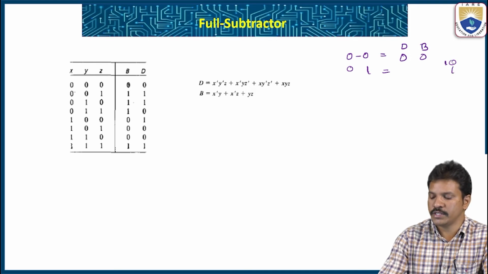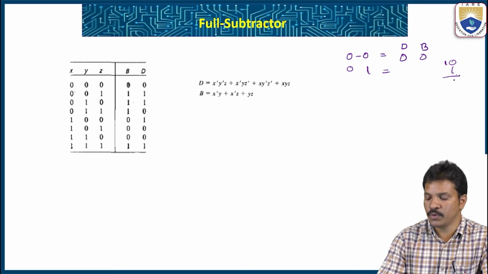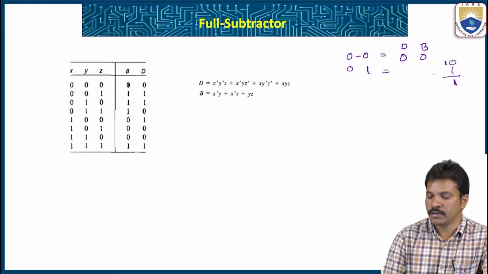Take the borrow. 1 0 minus 1 means 1 0, its equivalent decimal number is 2. 2 minus 1 is 1. So we need 1 borrow. Take the borrow, and 2 minus 1 means 1. 1 minus 0 means 1, no borrow. 1 1: difference 0, borrow 0.